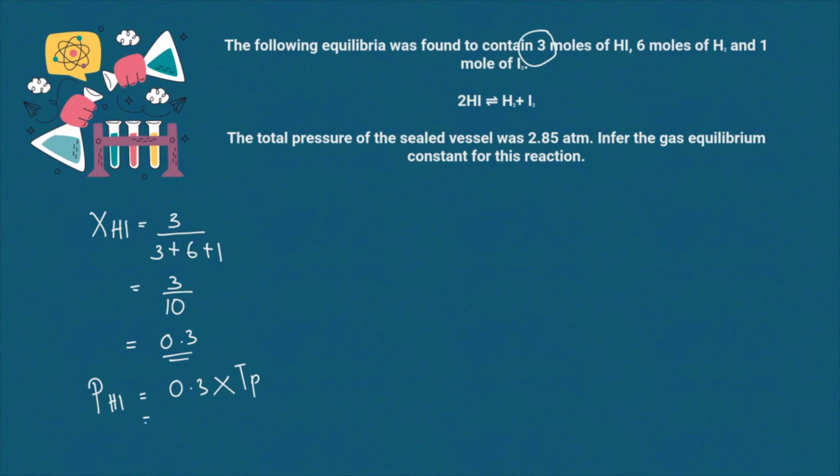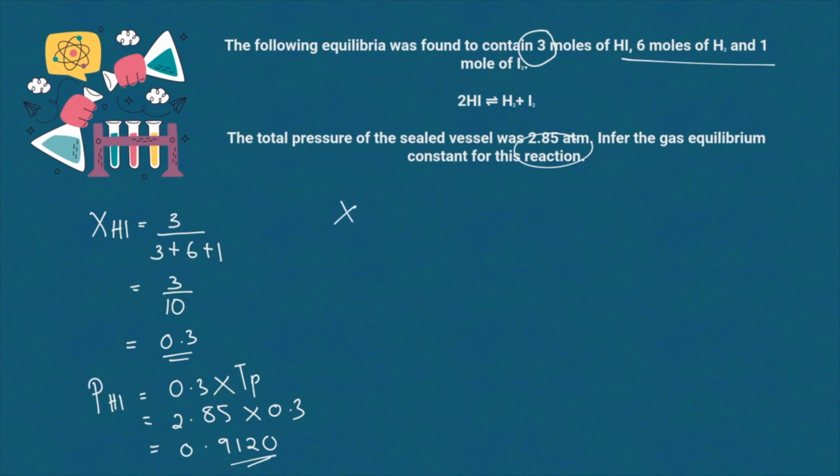The total pressure is given in the question, which is 2.85, times the mole fraction, which is 0.3. So the partial pressure for HI is equivalent to 0.9120. Alright, so what we need to do now is the same thing for the rest of the gases.